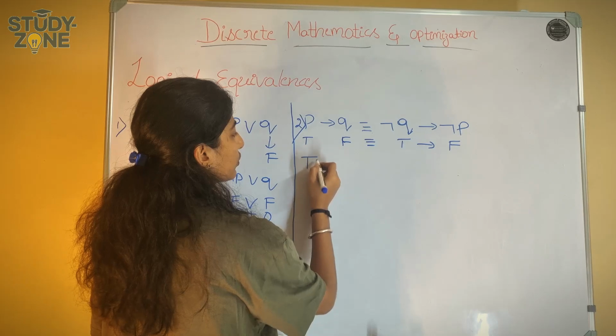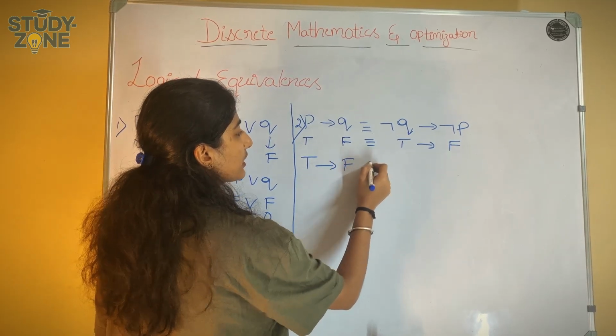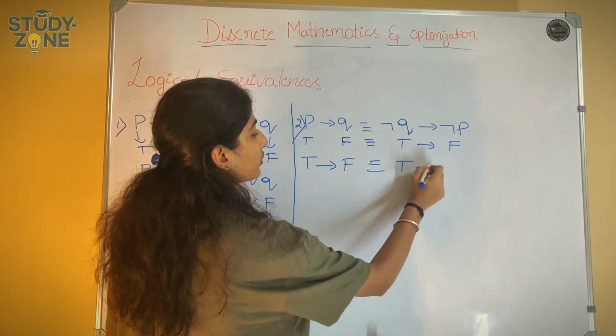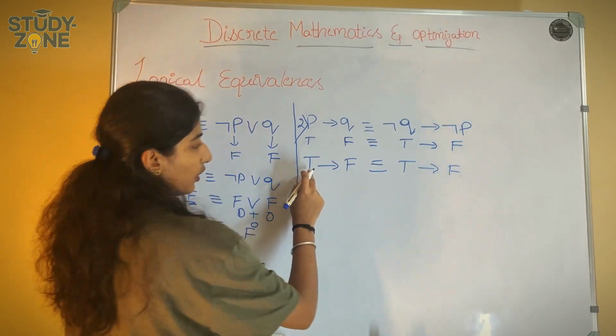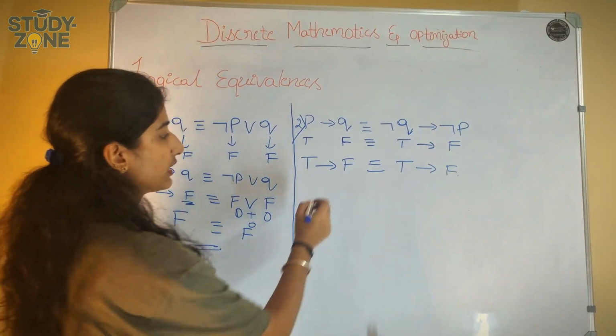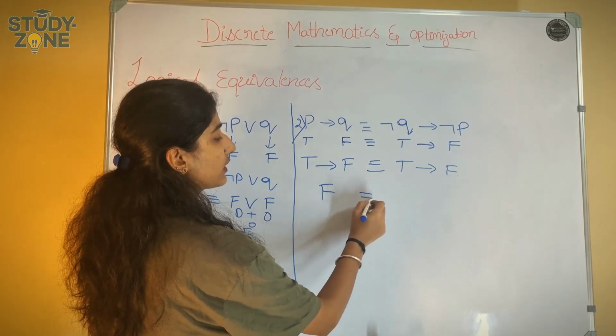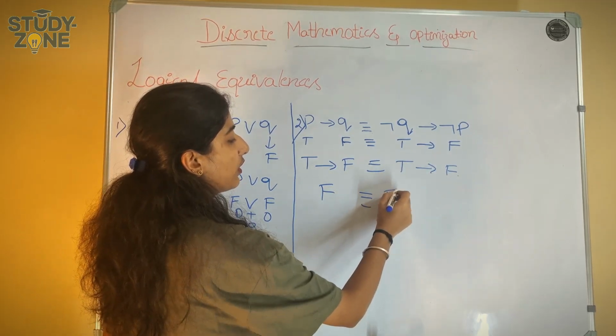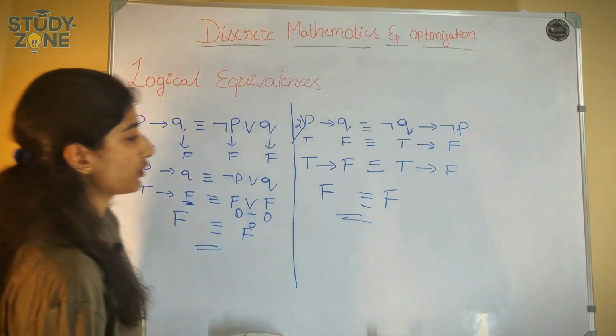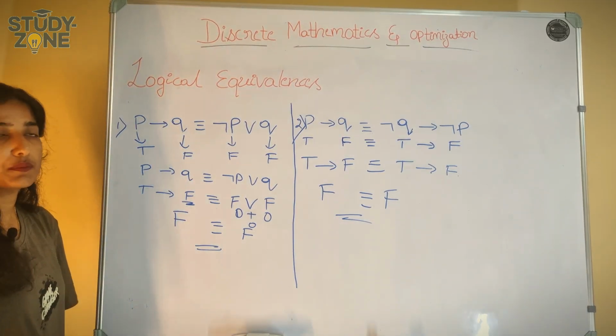So here true implies false is logically equivalent to true implies false, because true implies false is false and true implies false is again false. They both are logically equivalent. Here it is a simple example.